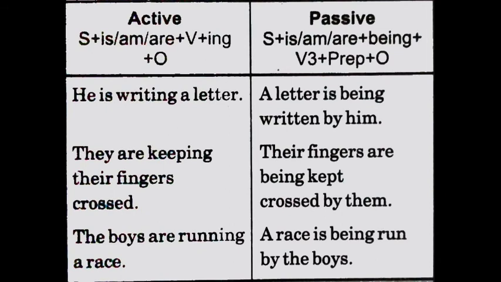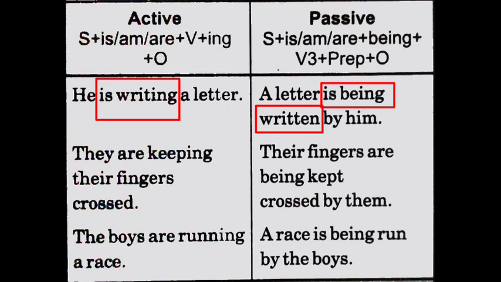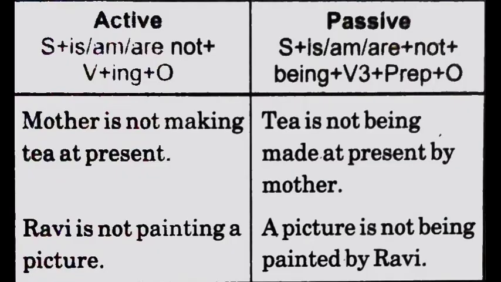For example, he is writing a letter. So what will be the sentence? A letter is being written by him. Same way for negative, is, am, are will remain same. Then not will remain same. After that, we'll add being, B-E-I-N-G, and then the third form of the verb.